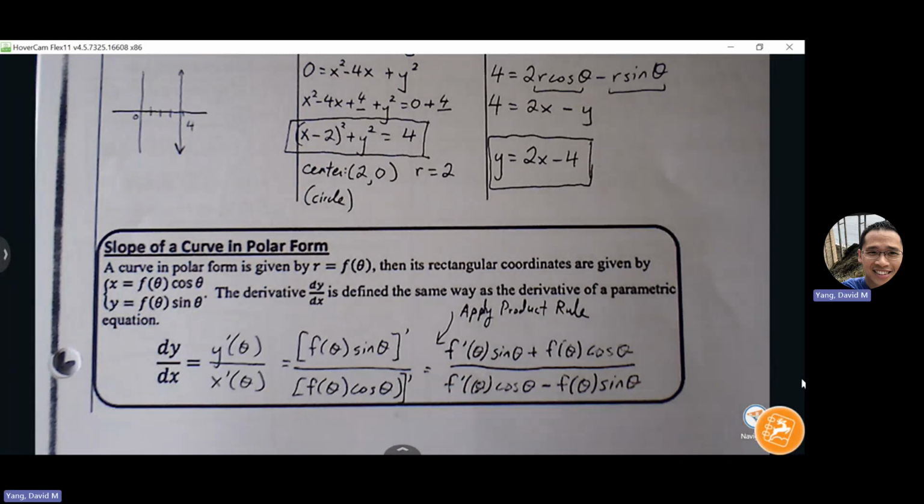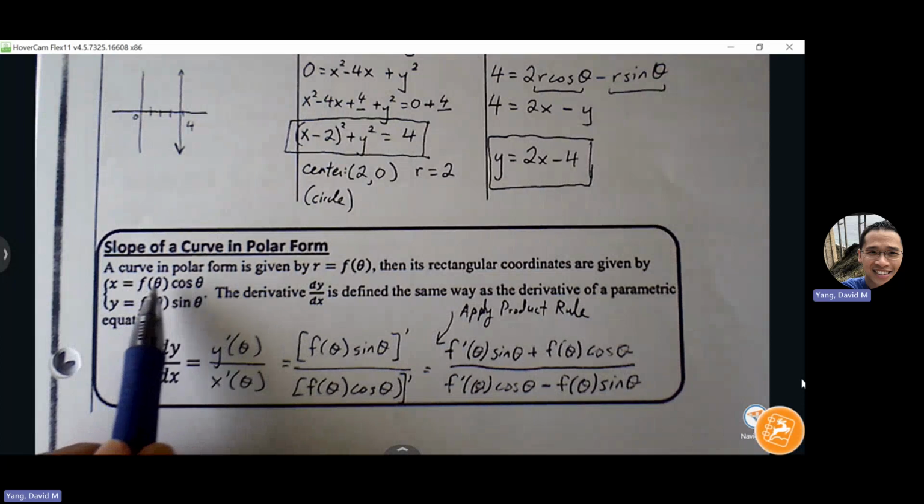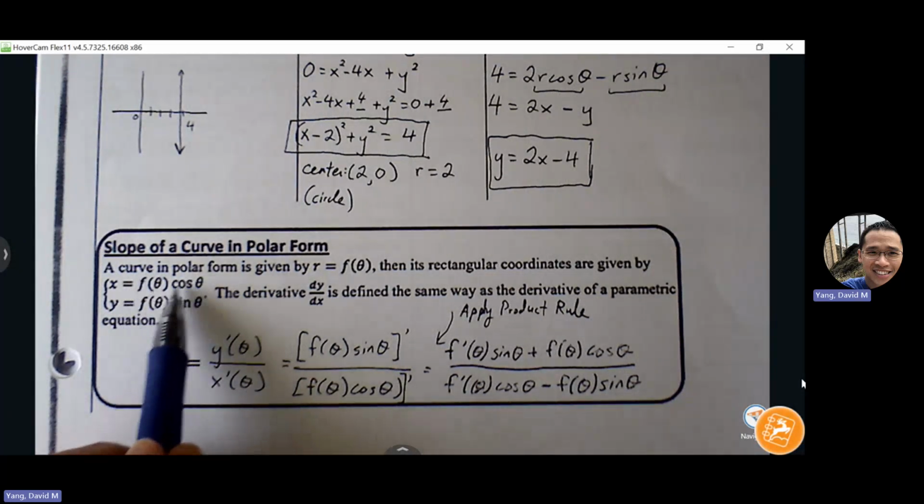Okay. The derivative dy/dx is defined the same way as the derivative of a parametric equation. It's just y prime of theta divided by x prime of theta. But x and y have multiple parts to them. So if I want to find x prime and y prime, I need to go through what? Product rule. Yeah.